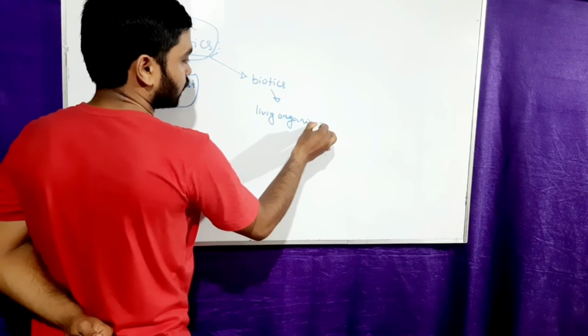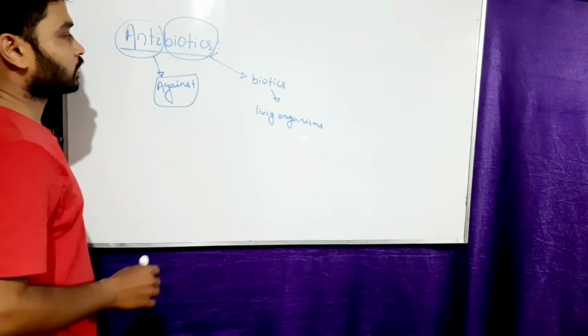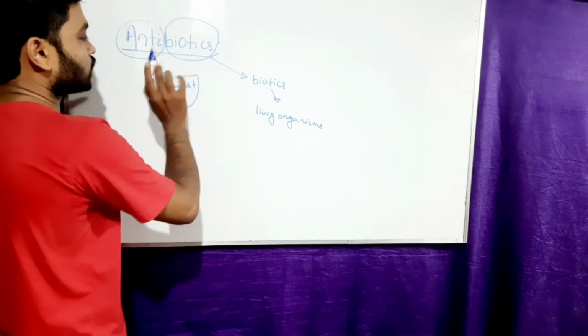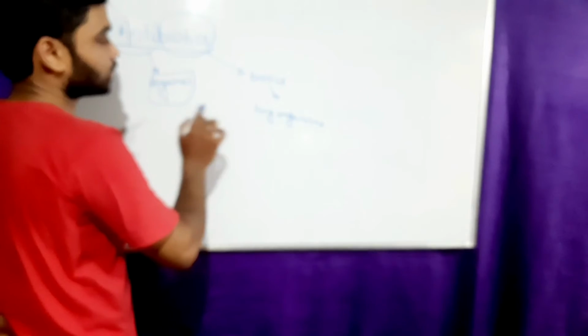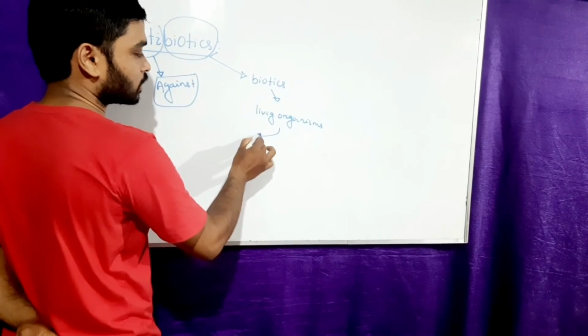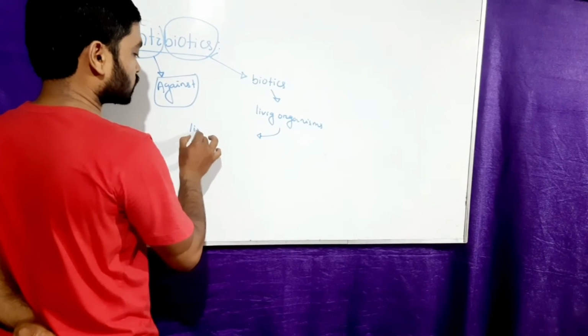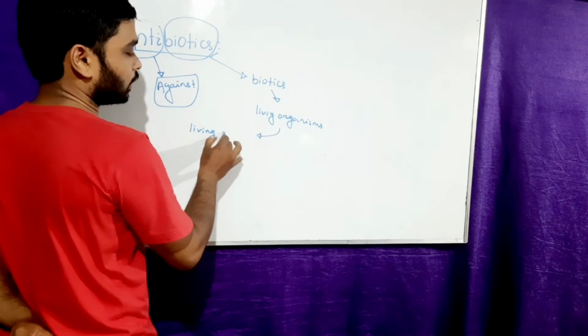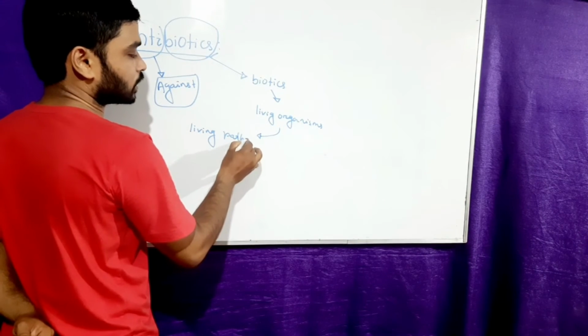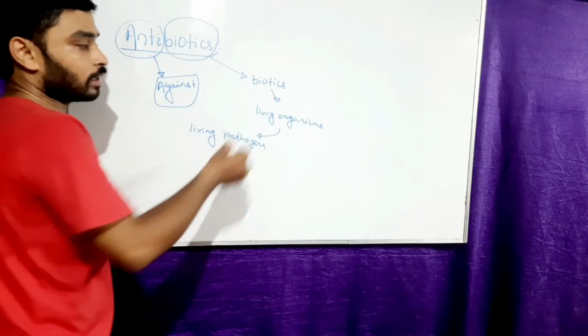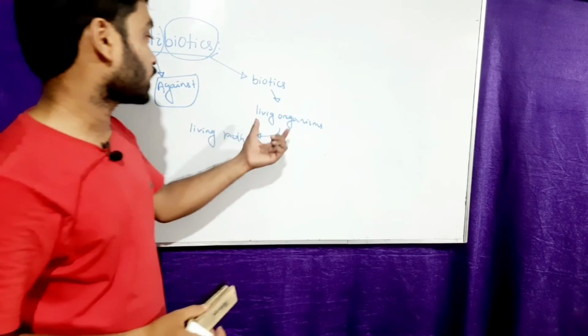The term biotic expresses living organisms. So these are the chemicals which are used against living organisms. That means here the living organisms are the living pathogens.